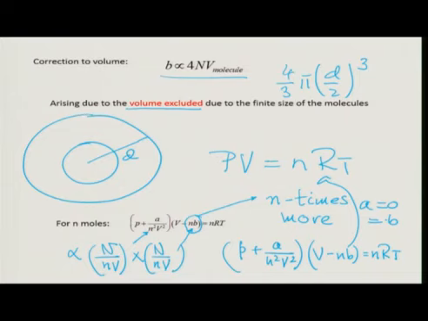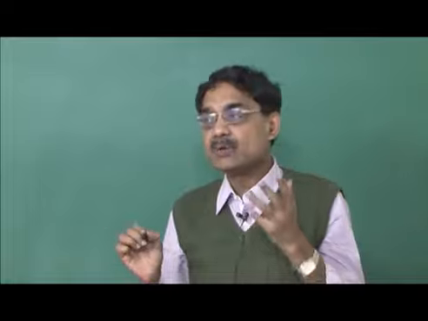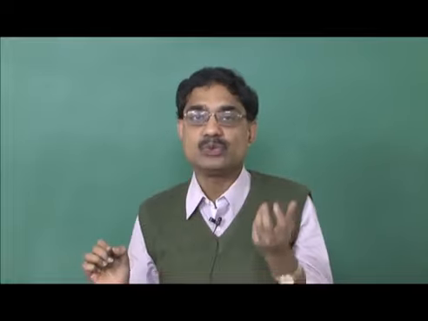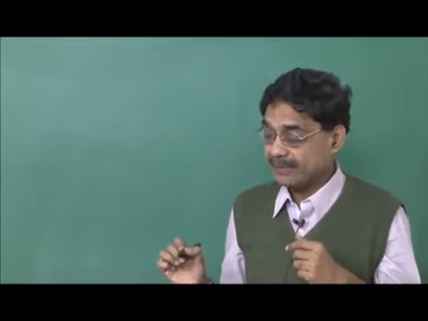Okay? But these two corrections are very non-trivial corrections. Okay? And these allow us to explain the phase transition. For example, the liquid gas phase transition that we often talk about and that we encounter in our real life.